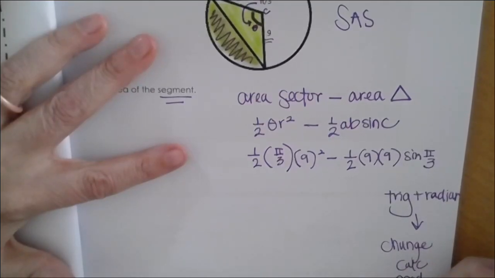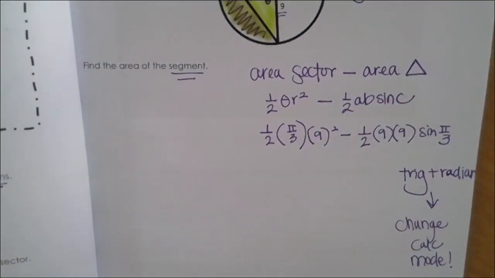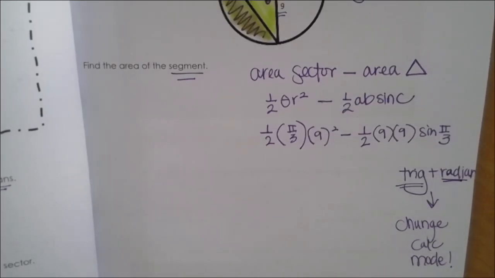You have to go into radians. So you can tell at the top of your calculator, it says degree normally for us. If you're doing trig functions and you're working in radians, you have to change your mode. This is the only time, if you have those two things together, trig and radians.